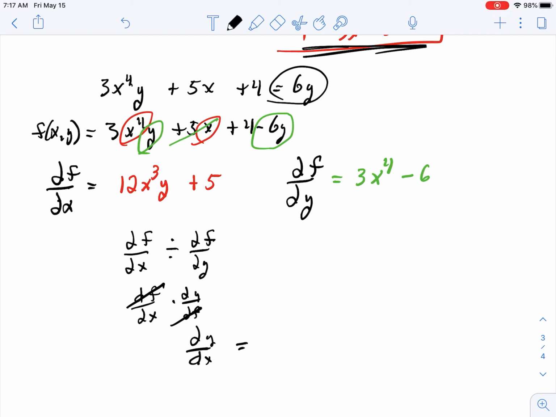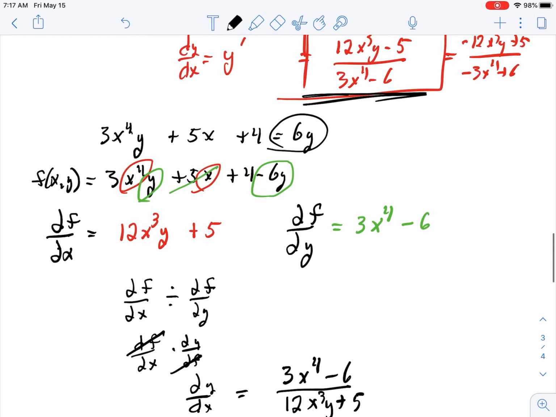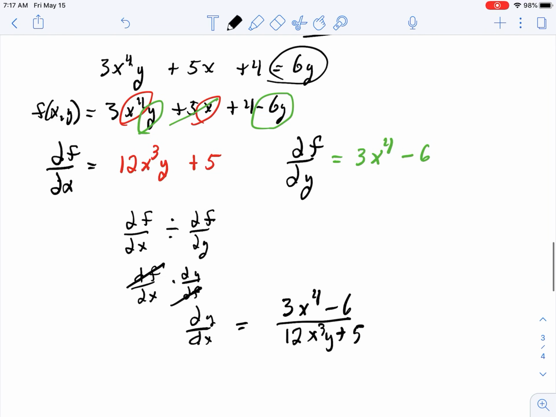So if I divide my partial derivative of y, which would be 3x to the fourth minus 6, over 12x cubed y plus 5. Oops, what did I do here?